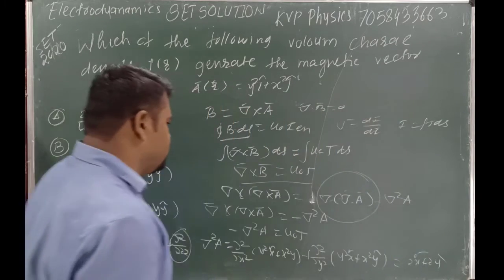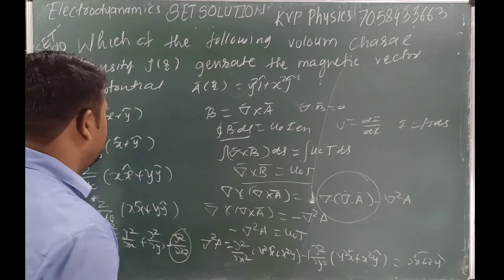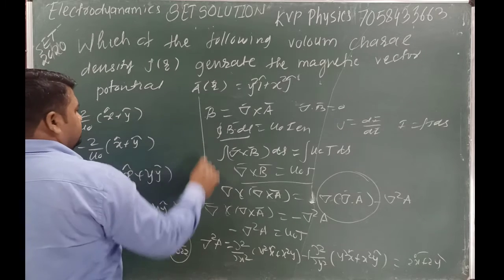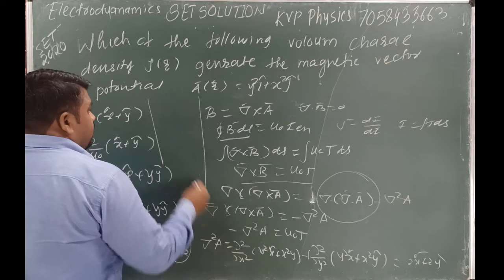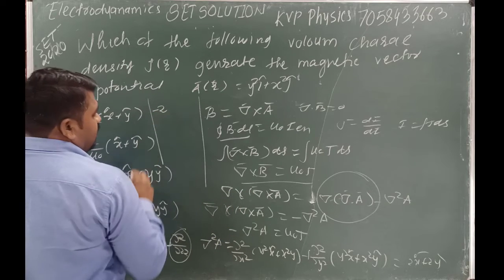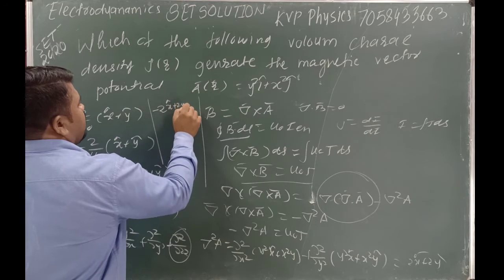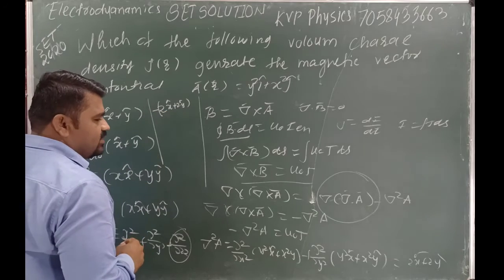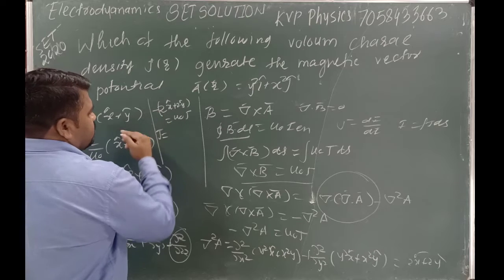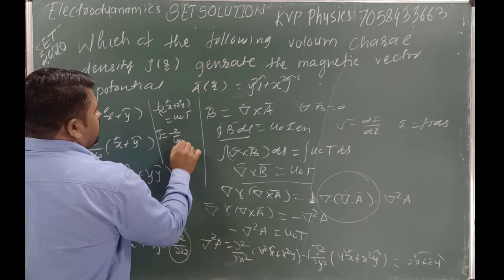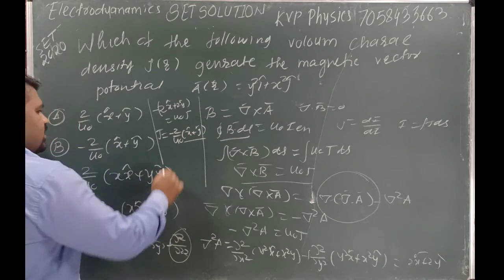This is the del square A value. Substituting it into the equation, del square A, minus 2x cap plus 2y cap, is equal to mu naught J. Then J is equal to, taking 2 common, minus 2 upon mu naught times x cap plus y cap. This is the relation between them.